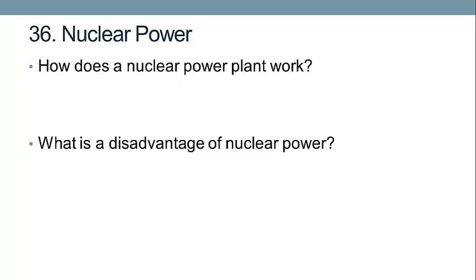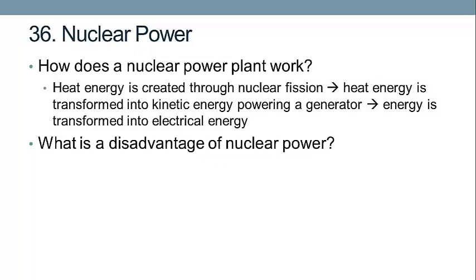Explain how a nuclear power plant works to generate electricity, and what is a major disadvantage of nuclear power. So in a nuclear power plant, heat energy is created through fission, and that heat energy is transformed into kinetic energy by making liquid water into steam. So there's an increase in kinetic energy to go from a liquid to a gas.